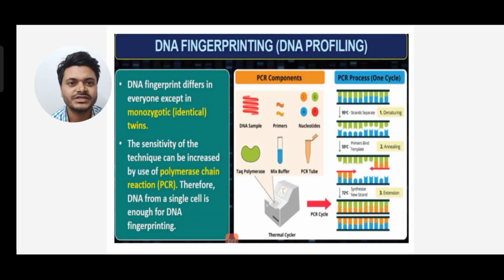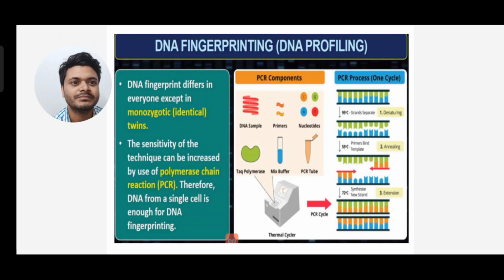The sensitivity of the technique can be increased by use of PCR, that is polymerase chain reaction. Therefore, DNA from a single cell is enough for DNA fingerprinting. Because we have PCR, if we have a small sample of DNA, we can amplify the copies of DNA.